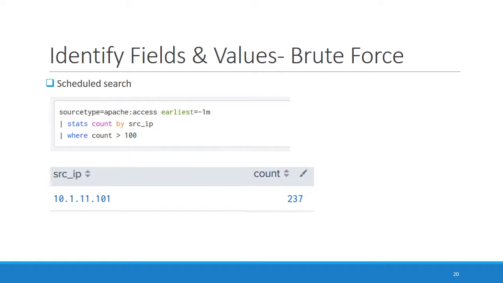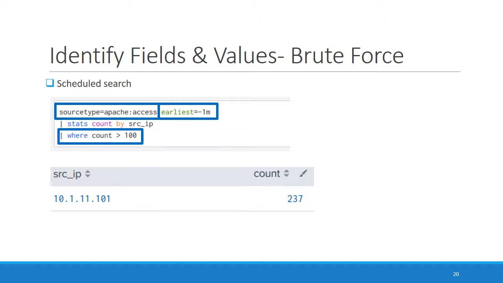Now this is a scheduled search that runs every minute, looking at the last minute of our Apache access logs. And this is just going to tell us when our source IP exceeds the count of 100. Now, this is not a good way to detect brute force attempts. So what we're going to do is go through that implied process, identifying fields and values, determining authentication success and failures.